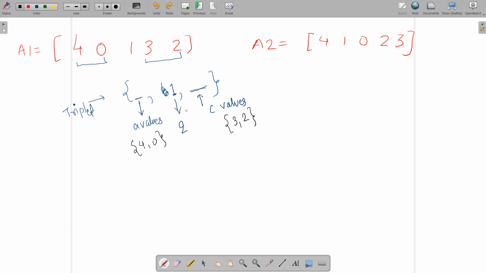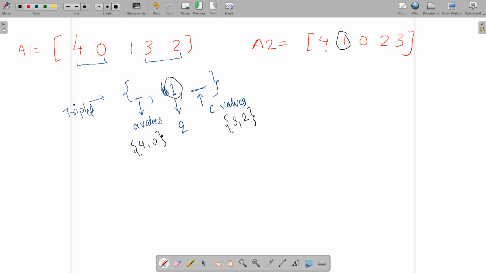For now you can see we have fixed the value of B as 1. Now let's fix its position in array A2. When we do that, this is the position we have got here.